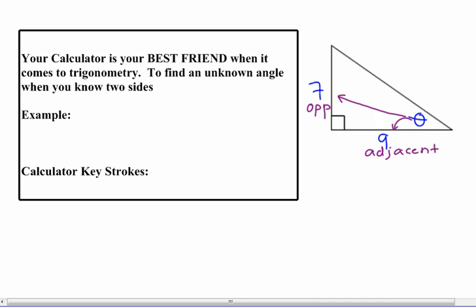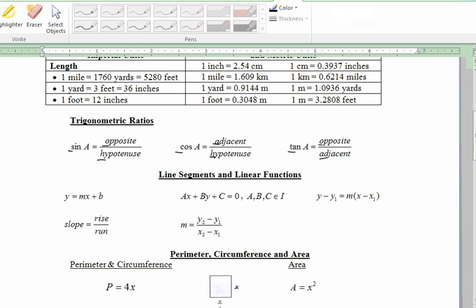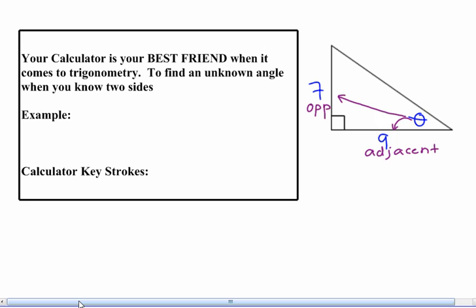Okay, so what ratio would have O and A? If you're not sure, grab your formula sheet. You can either figure out tan from there, or you could also figure it out from our good friend SOHCAHTOA. Sounds like another language. Okay, so we're going to use the tan ratio, so let's write out the formula first.